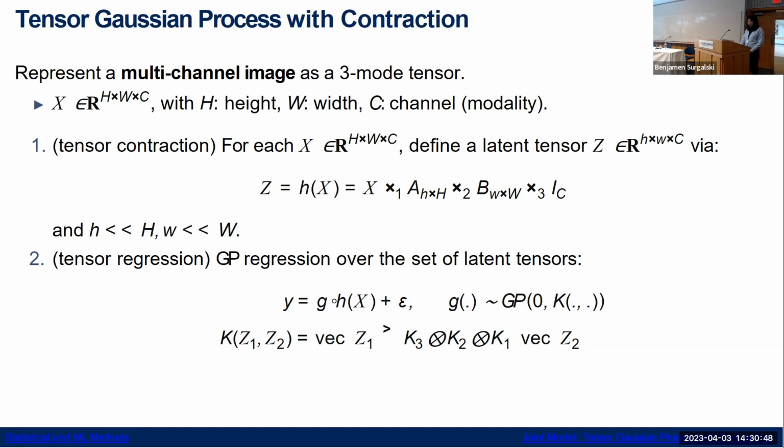The first aspect is called a tensor contraction. We're trying to obtain a latent factor that's explaining the efficient information in the data by compressing each of those high dimensions, compressing the large dimensional tensor into a smaller dimensional tensor. So that's the contraction stage, and this is data-driven.